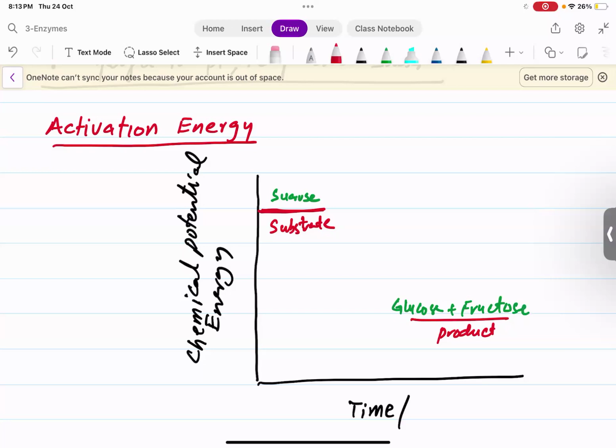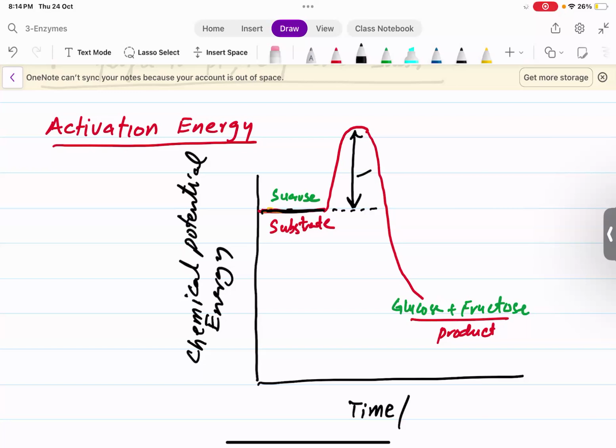It needs initially a higher energy to be provided, so that this could be converted into the products at a lower energy. This much energy is needed to start this reaction so that we can convert sucrose into its products, which is glucose and fructose.